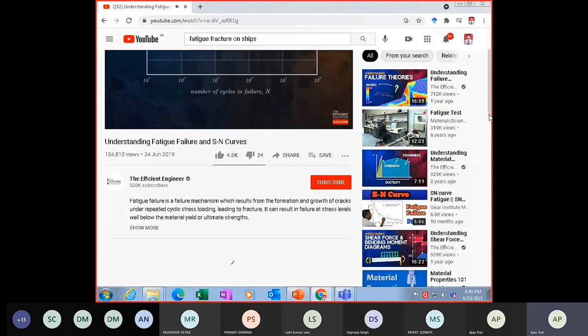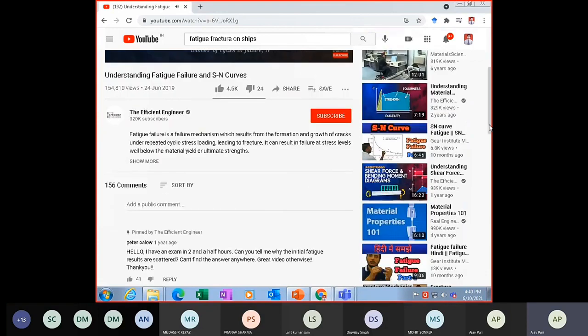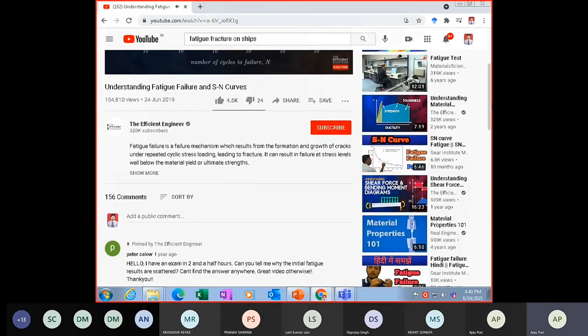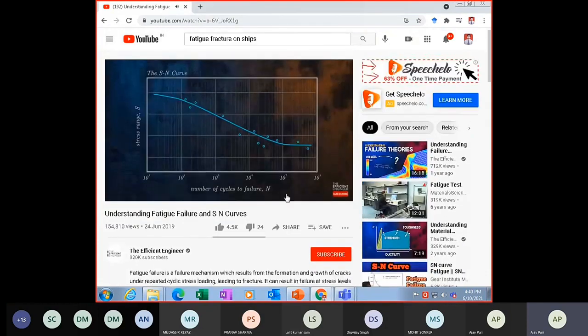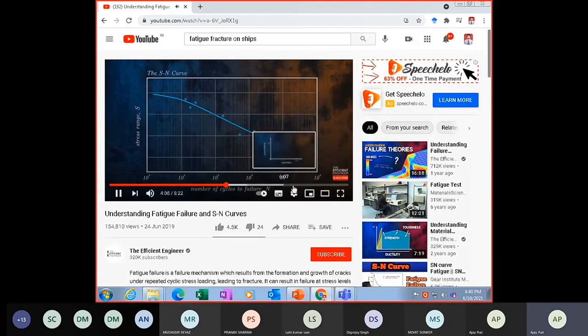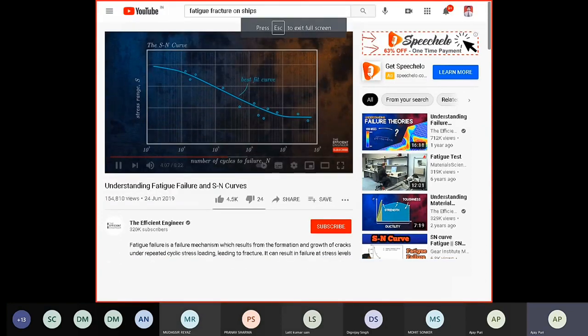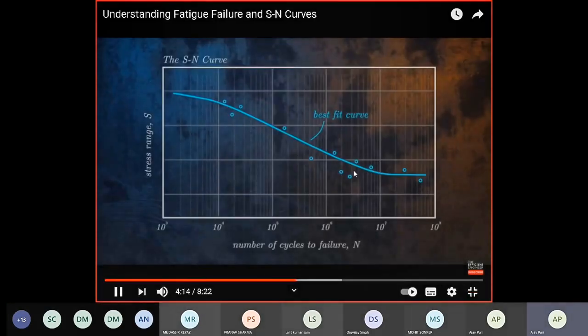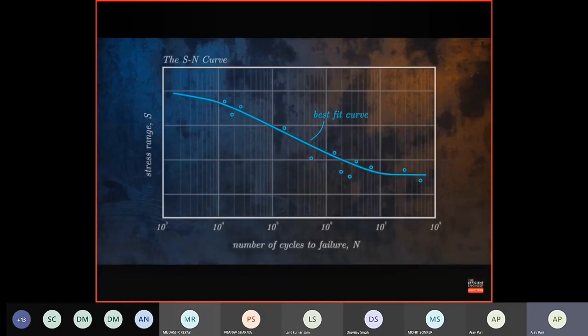If we return to the data from our fatigue tests, we can see that there is a large amount of variability in the data. This is typical for fatigue tests, even when identical test pieces are used. If we use a best fit SN curve, as we have done here, there is a significant possibility that our component will fail at a much smaller number of cycles than the curve predicts.